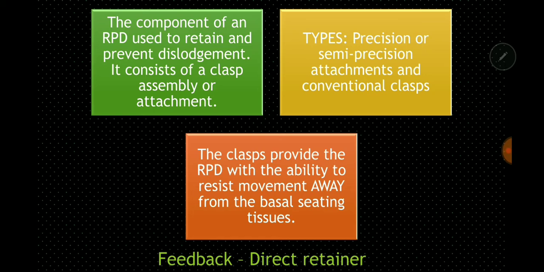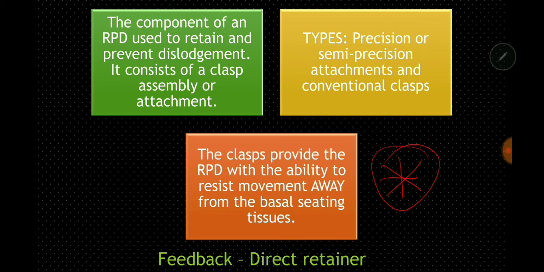There are different types of direct retainers: precision or semi-precision attachments, or conventional clasps. The clasps, as you know already, provide the RPD with the ability to resist movement away from the basal seating tissues. So you need to understand the function of a direct retainer.